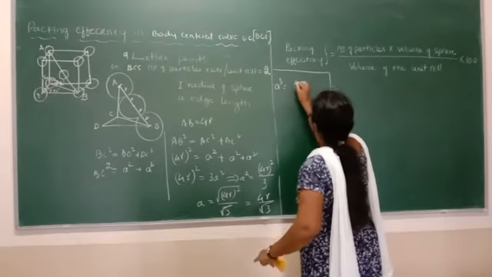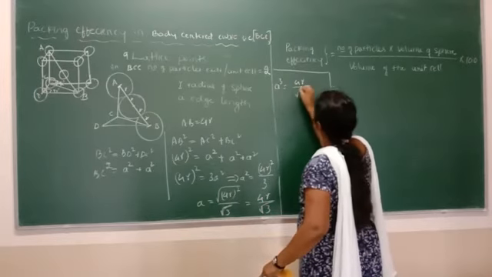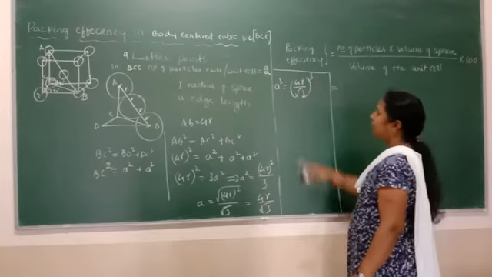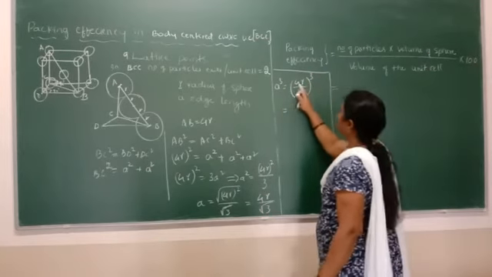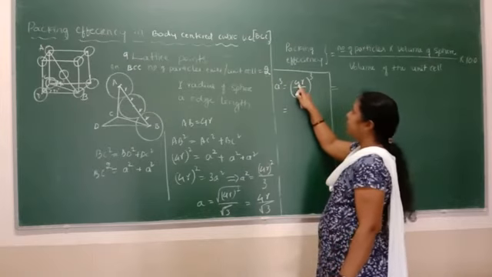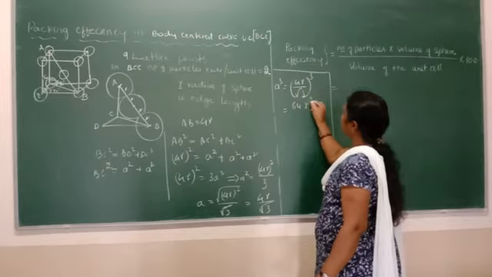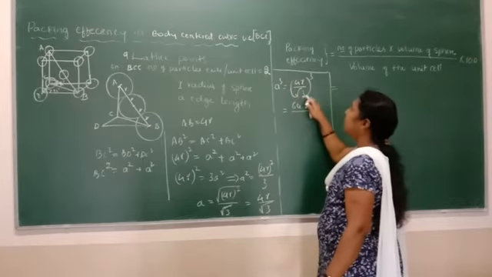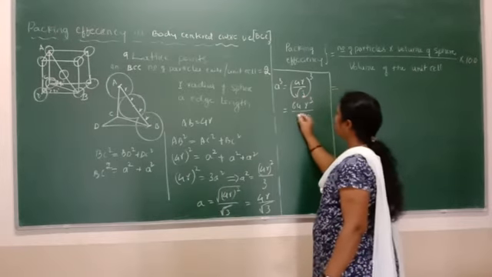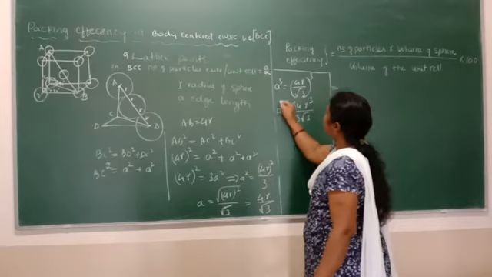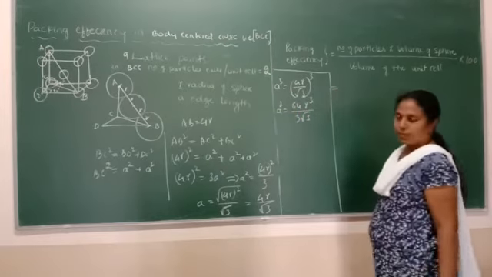So it is 4r by root 3 whole cube. We take the cubic value of A. It is found to be 4 4s are 16, 16 4s are 64, into r cube, divided by root 3 into root 3 into root 3, which can be taken as 3 root 3. So this is the value of A cube.